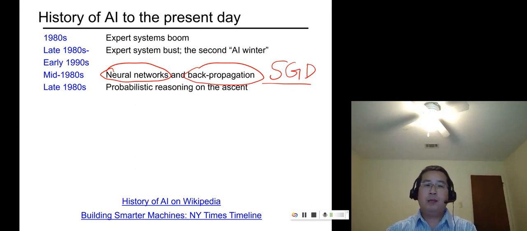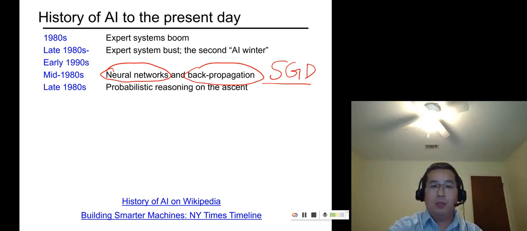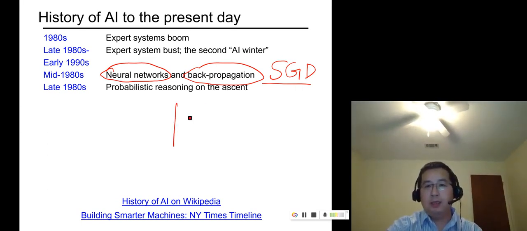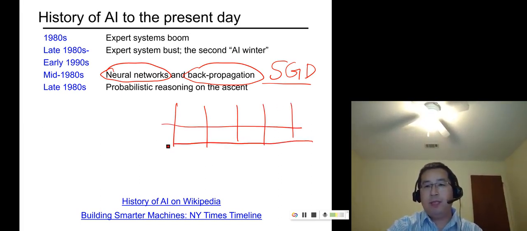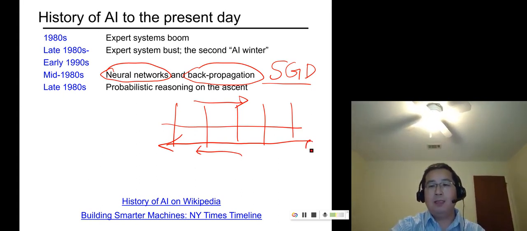So what is back propagation? I will give you a rough idea here. The network has layers. Back propagation means propagating backward; this is forward, and this is backward.